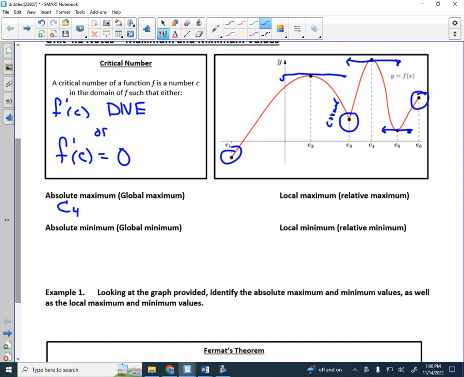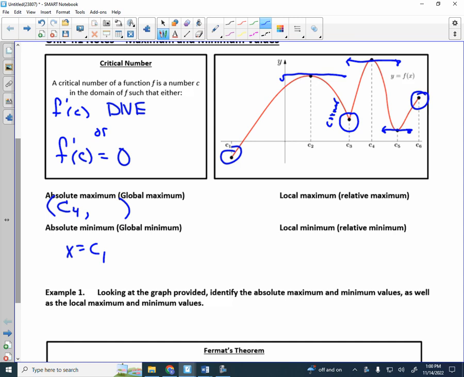Okay. And in order to figure what that Y value is, we would just plug that in, right? But it happens at C sub 4, okay? You tell me when I get to the absolute minimum. Yep, C sub 1. I'll just write x equals C sub 1 instead of writing as a point. X equals C sub 1 is where the absolute minimum happens.